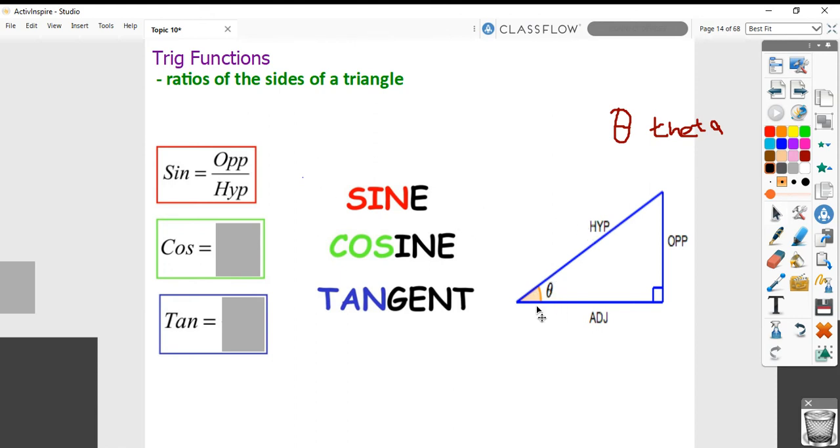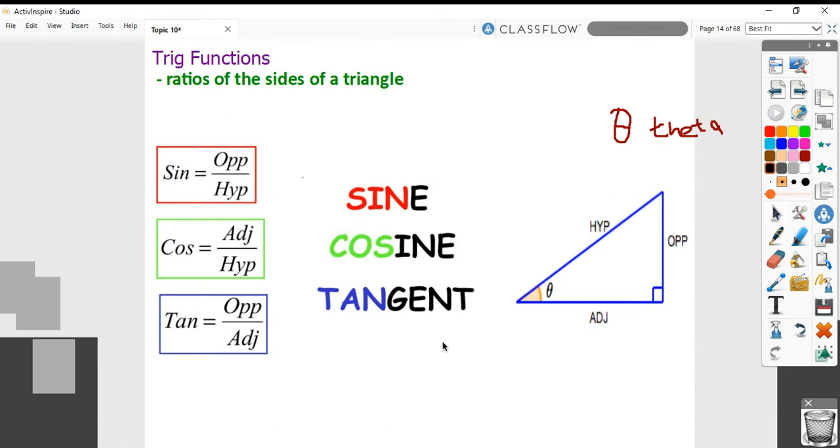The cosine of angle theta is the adjacent length divided by the hypotenuse. The tangent of an angle is the opposite over adjacent. So it would be this number divided by this number. We're going to do a couple of examples of what this looks like.